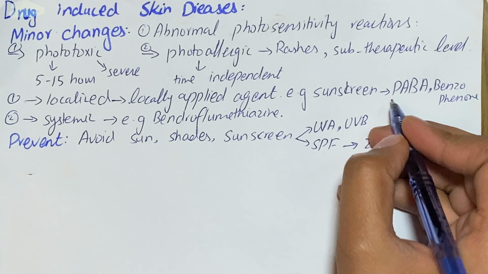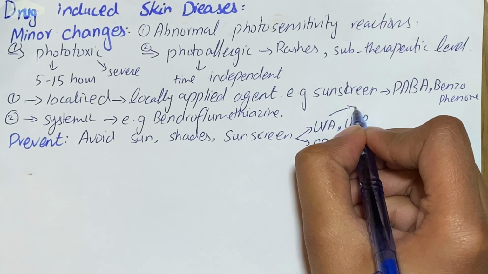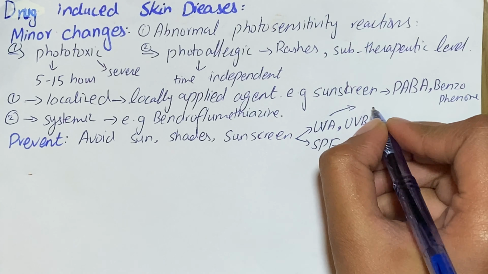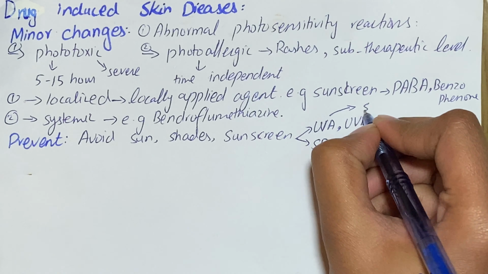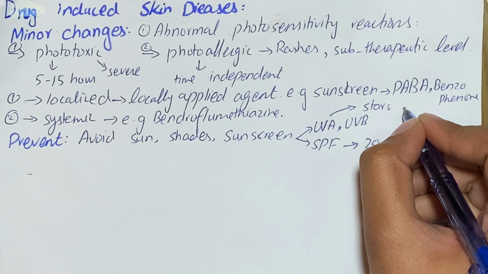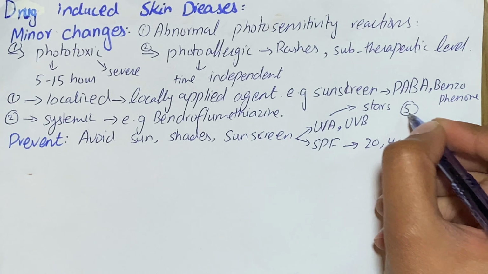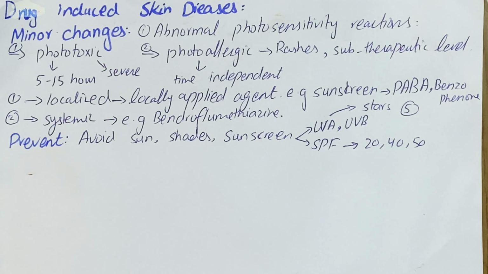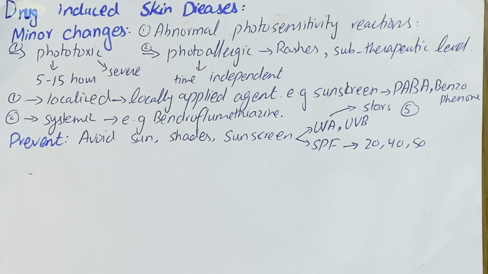Like out of 5 stars, if your sunscreen has 2 stars, it means it provides this much protection against UVA and UVB radiation. If it has 3, and so on. So this is how you can check how much protection your sunscreen is providing you against the sun.